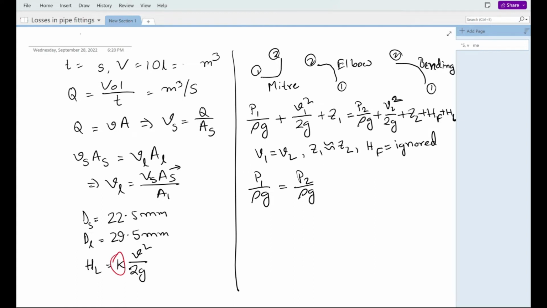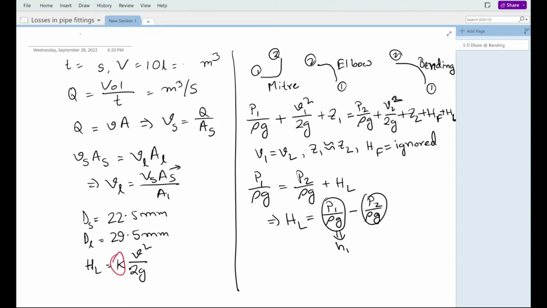So we have 5 different velocity readings. For each of the 5 velocity readings you get 5 HL, right? So plot it. HL equals K times V square by 2 times gravity. Consider HL as the y-axis and this whole thing as the x-axis.